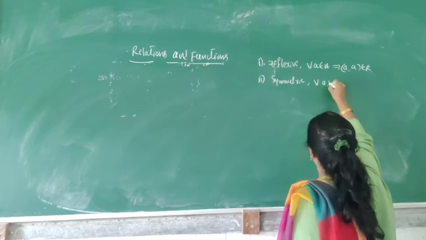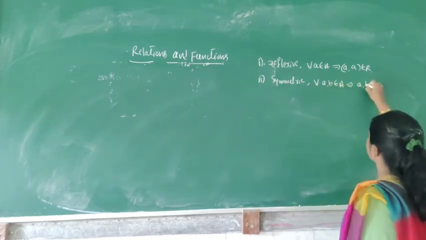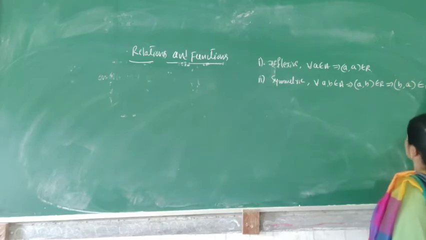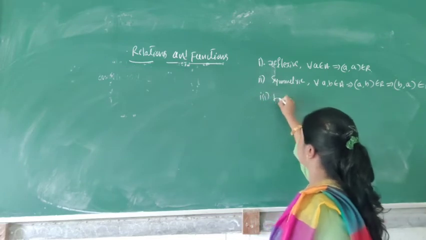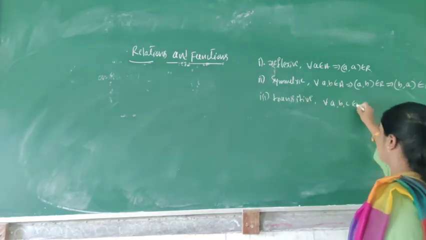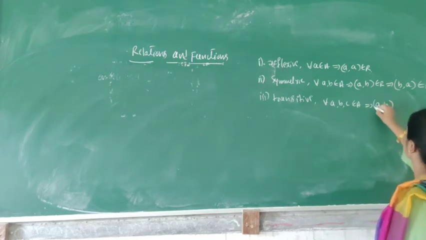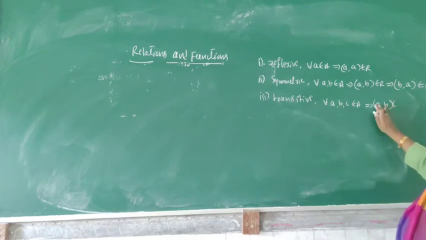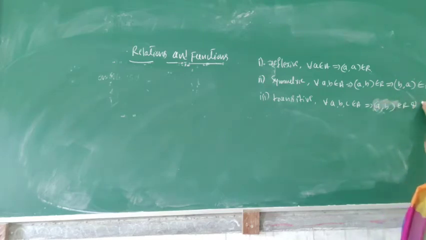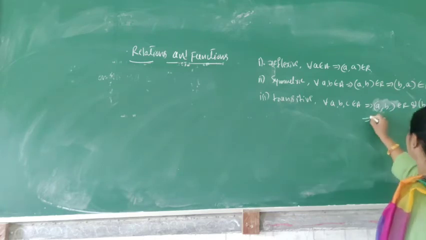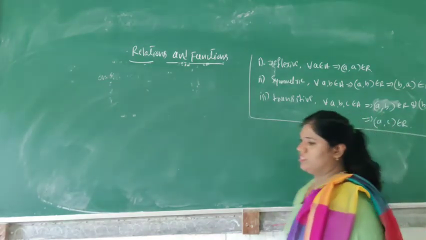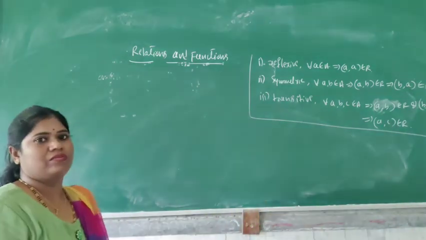Symmetric: for all (a, b) belongs to A, (a, b) belongs to R implies (b, a) should also belong to R. Transitive: for all a, b, c belongs to A, (a, b) belongs to R and (b, c) should also belong to R, implies (a, c) also belongs to R. This one is called an equivalence relation.